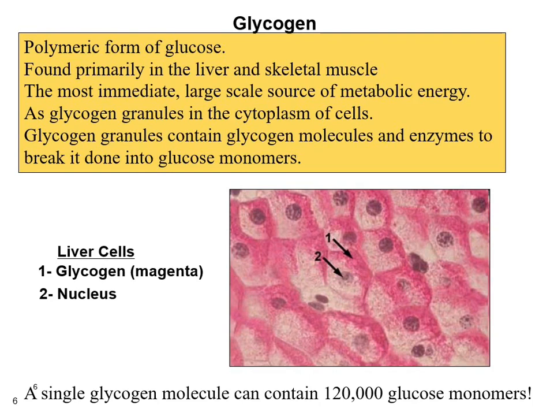Then we eat again, and it goes back up to 120,000. We use that energy between the meals, and it dips down very low again, and then we eat again and we fill it back up. So three times a day, the number of glucose monomers in this glycogen granule goes up and down throughout the day.